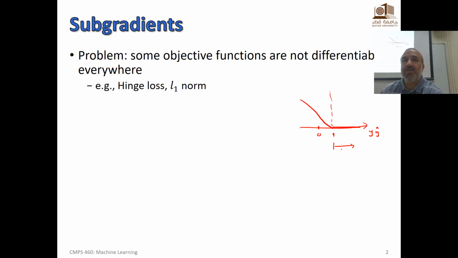Is it differentiable or not? Yes. What is the derivative when y hat is greater than 1? What is the meaning of derivative?